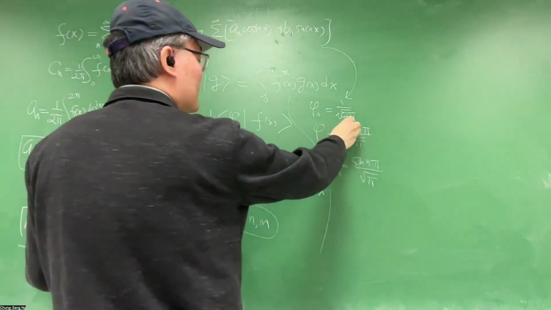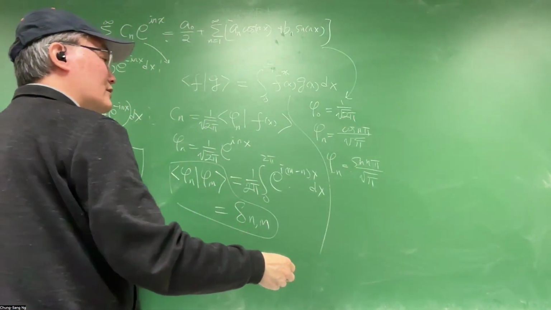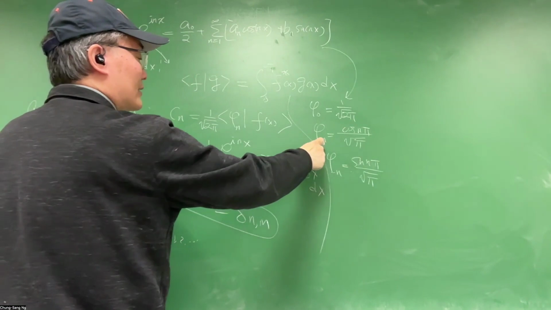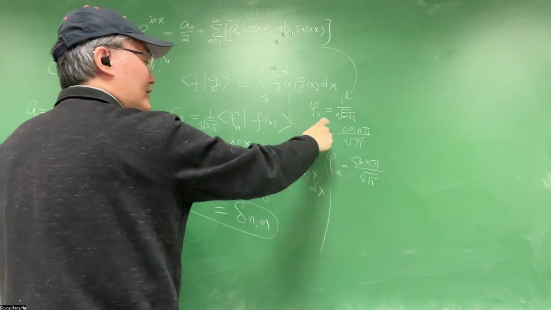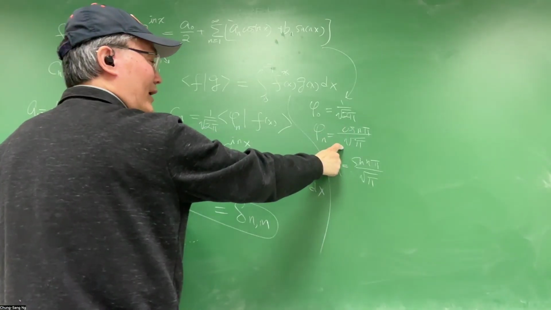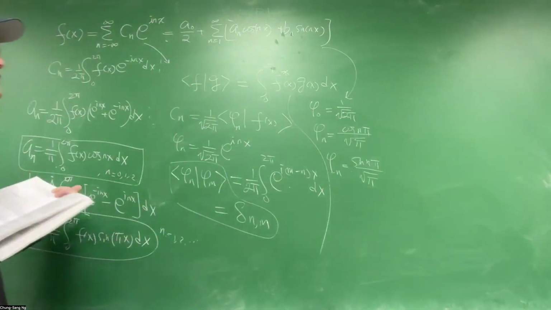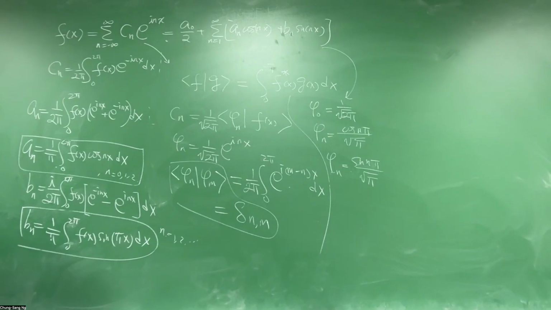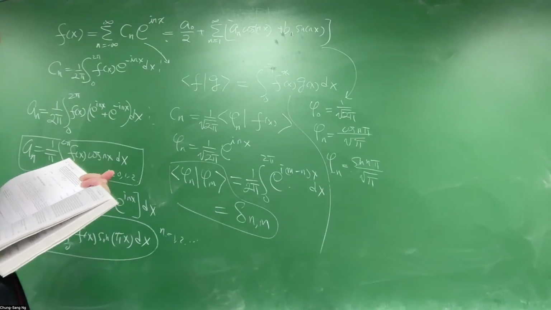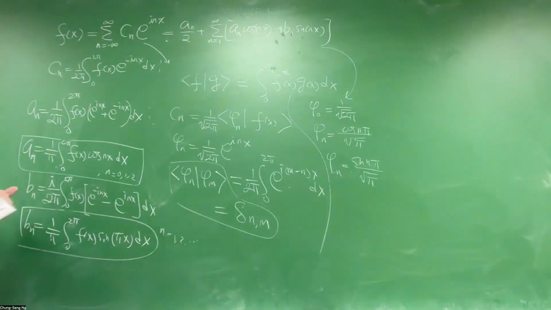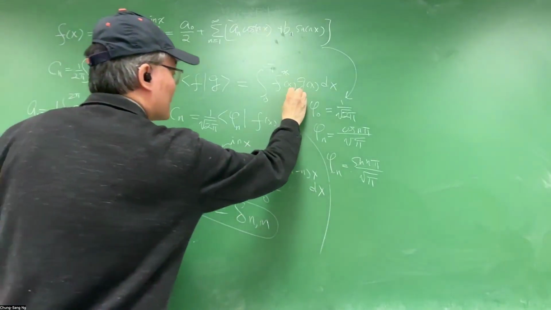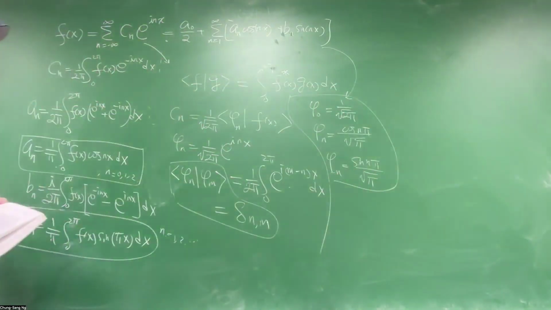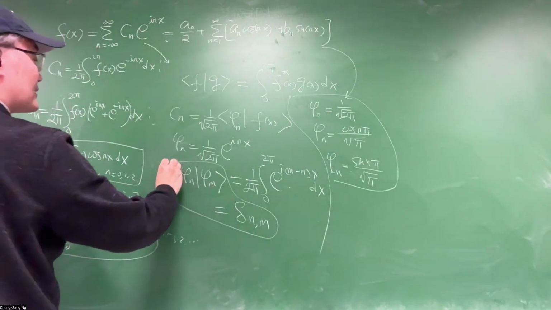So the only situation when it's non-zero is you have cosine squared divided by pi, integrating over 0 to 2 pi. The cosine squared integration gives you 1/2 of the period, so pi, which cancels with the pi and gives you 1. So the same condition applies whether you choose a basis like this or like that.